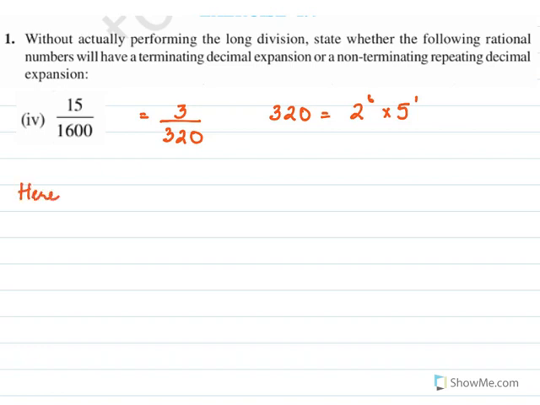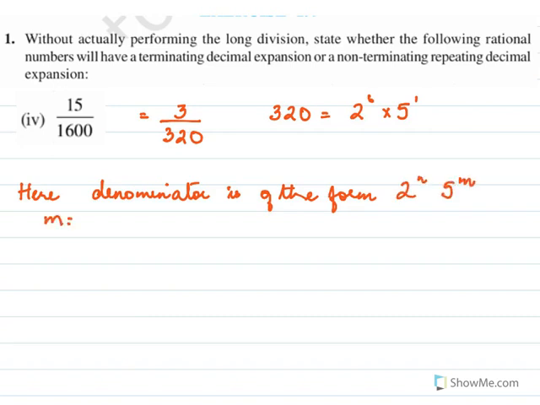Here the denominator is of the form 2 raised to n, 5 raised to m, where m is 1 and n is 6.